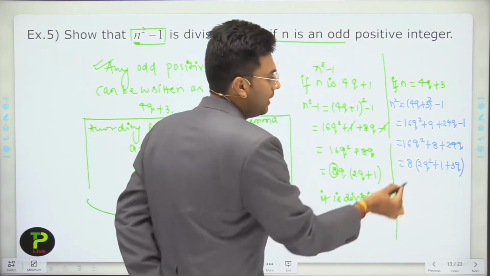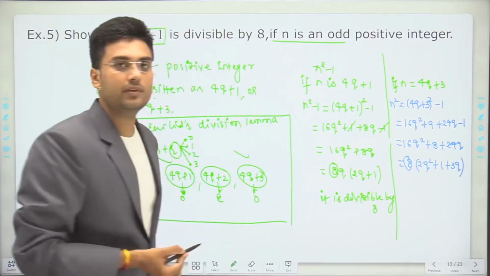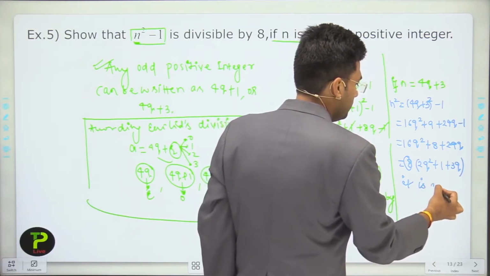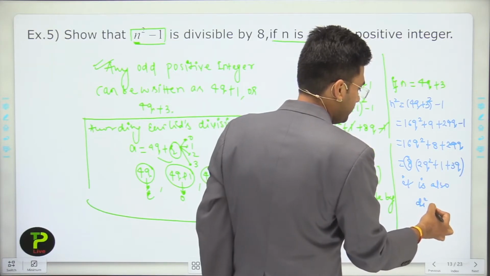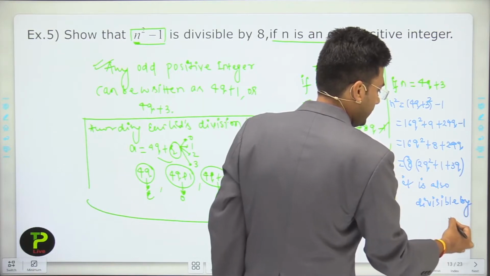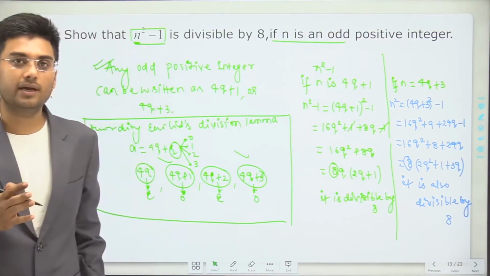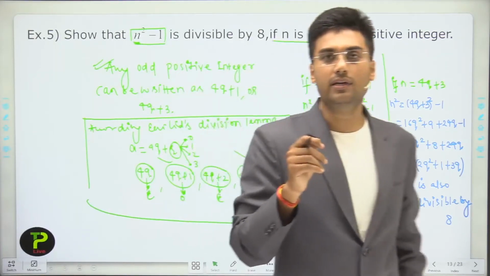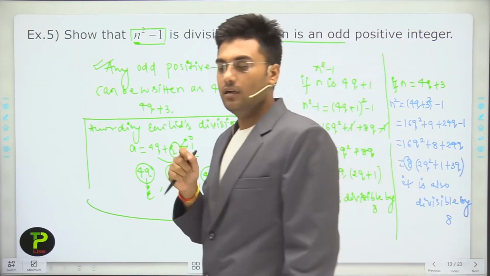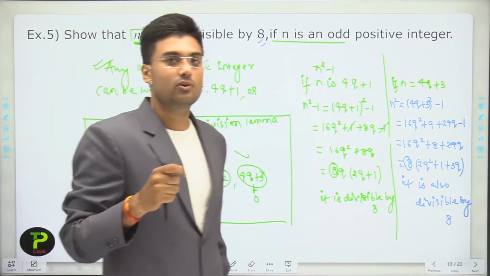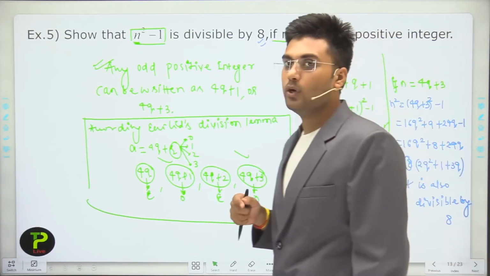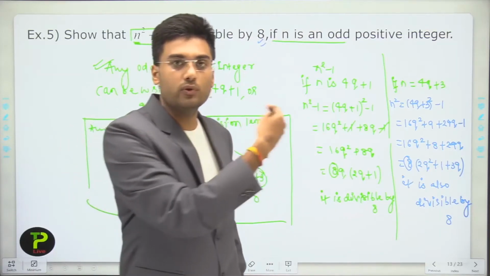So again, 8 is the multiplier of this number, so we can say that it is also divisible by 8. So for any odd positive integer, it is divisible by 8. Dear students, we can also use this result directly to solve objective questions. Okay, so you have to remember all the results which we prove in these examples.